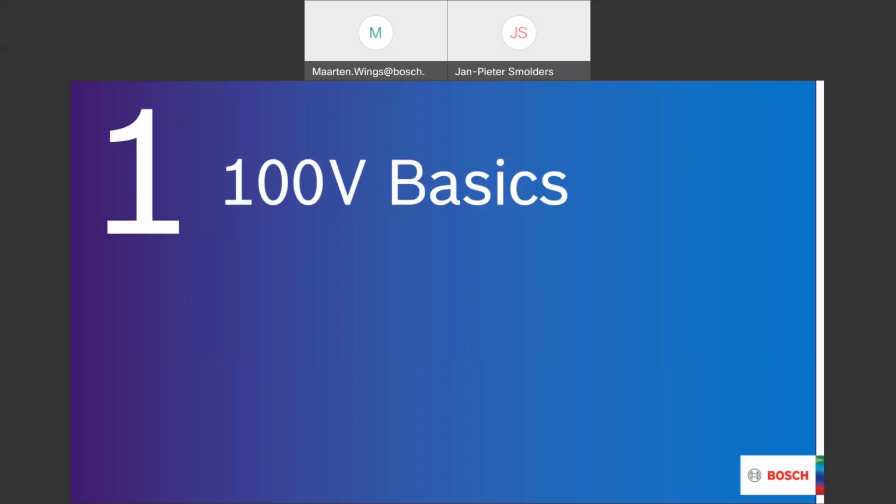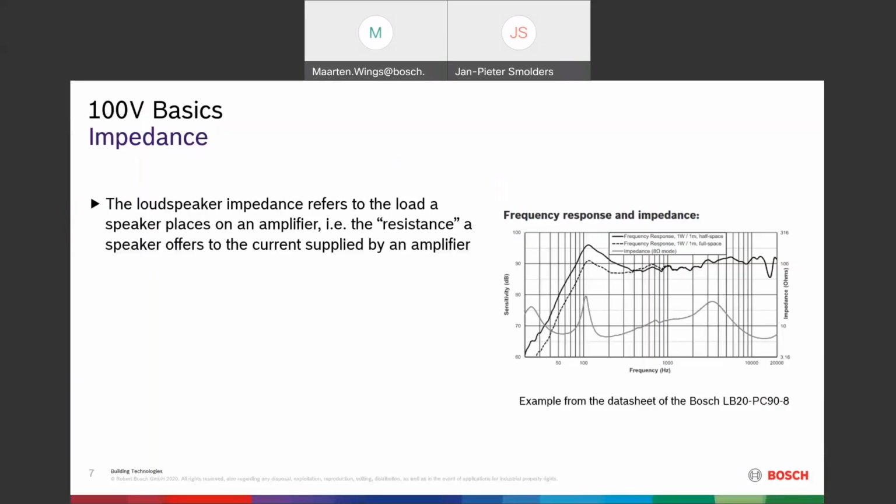So, 100-volt basics. The impedance of a loudspeaker is actually the resistance that a loudspeaker has to the current that an amplifier can deliver to that loudspeaker. That means the higher the impedance, the higher the resistance.